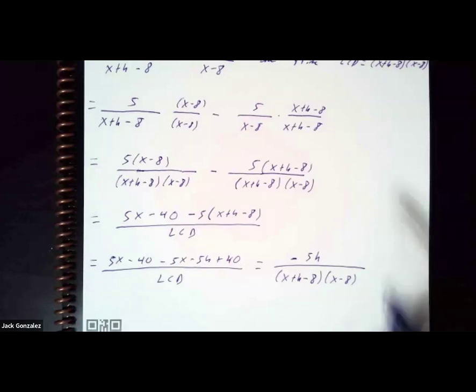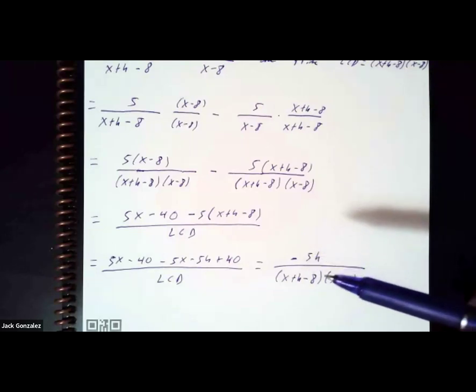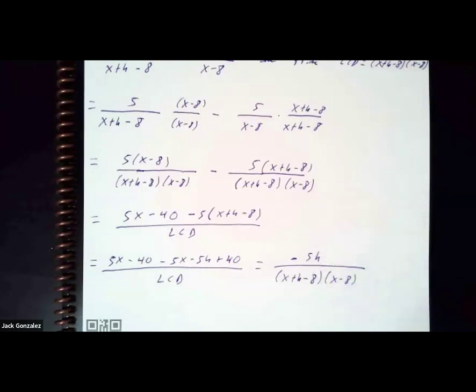Are there any fraction steps you don't remember because you're rusty, or any issues with the algebra here? Oh, I see. You got 40 because it was -5 times -8.